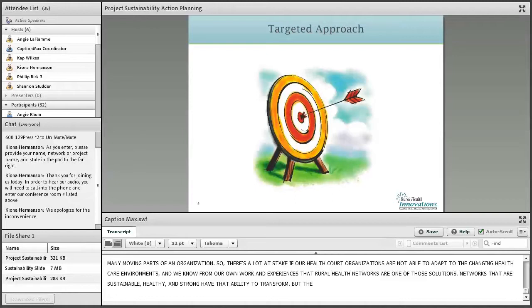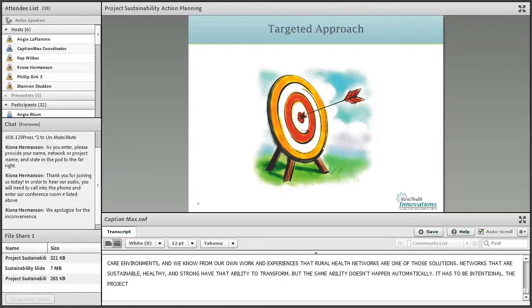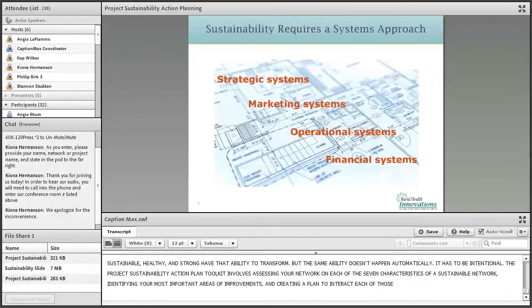But sustainability doesn't happen automatically. It has to be intentional. And the Project Sustainability Action Plan Toolkit involves assessing your network on each of the 7 characteristics of a sustainable network, identifying your most important opportunities for improvement, and then creating a plan to address each of those opportunities.